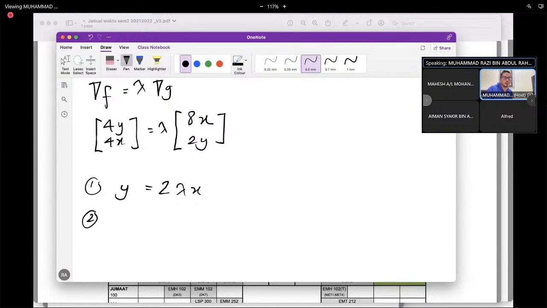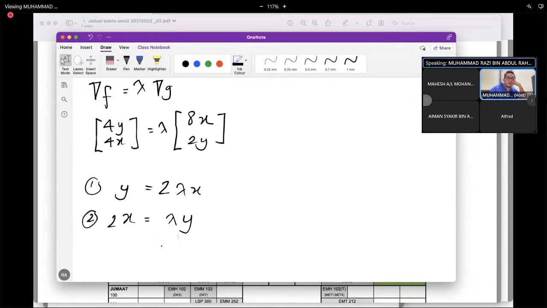And then the second equation, x can be equal to what? Okay, for this it'll be the other way around. Because I'm canceling 2 here, 2x equals lambda y.